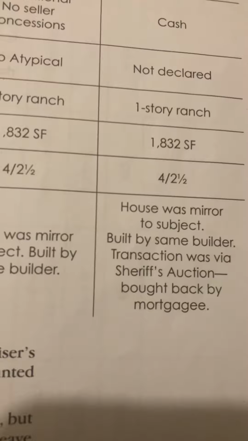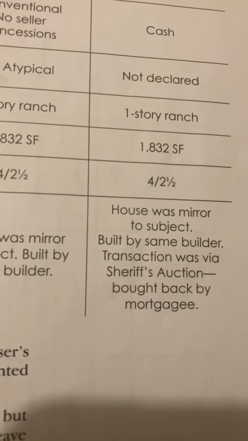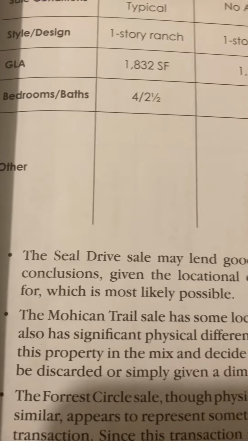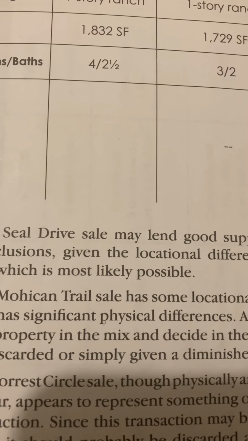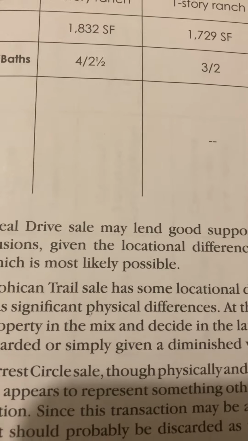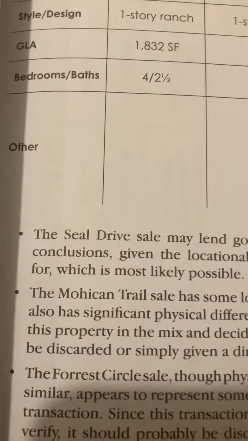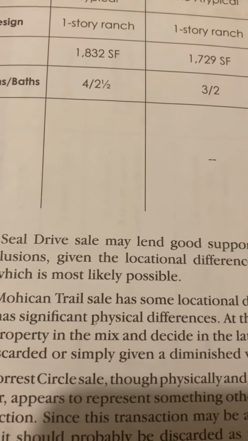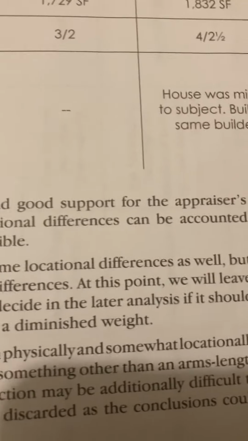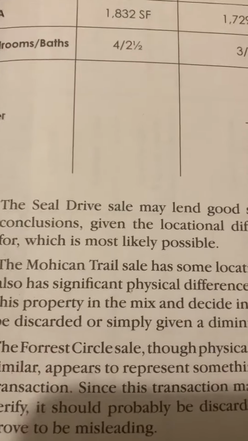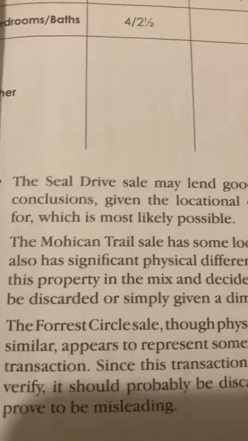Transaction was via a sheriff's auction, bought back by mortgagee. Interesting. The Seal Drive sale, which was comp 2, may lend good support for the appraiser's conclusions, given the locational differences can be accounted for, which is most likely possible.